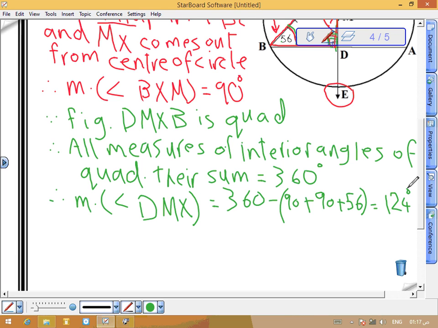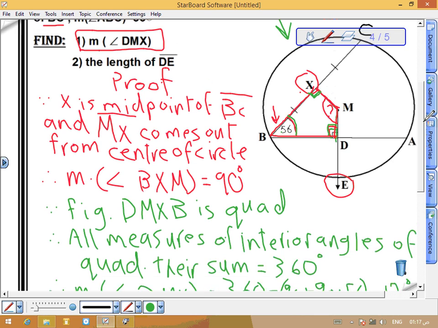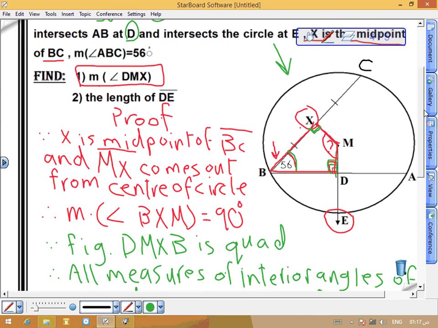If we go above to see the second required, it is to find the length of DE.